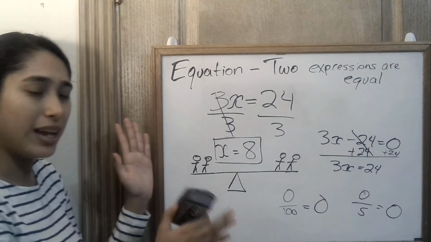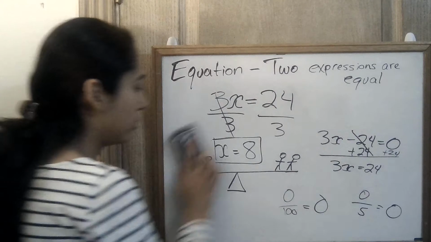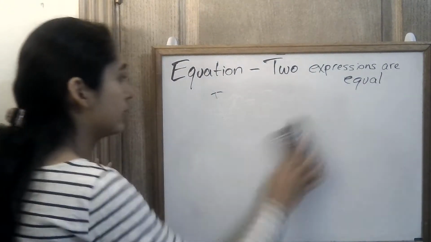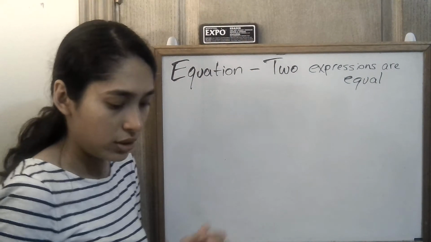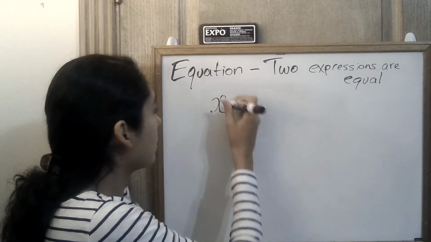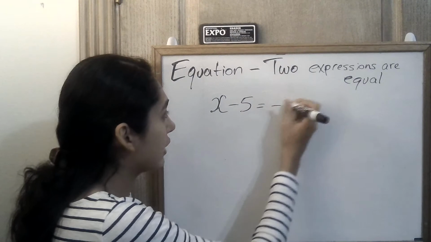Okay, so I'm going to go ahead and erase this, and we'll do one last problem before we dive into a word problem. Okay. So here we have x minus 5 is equal to -2.